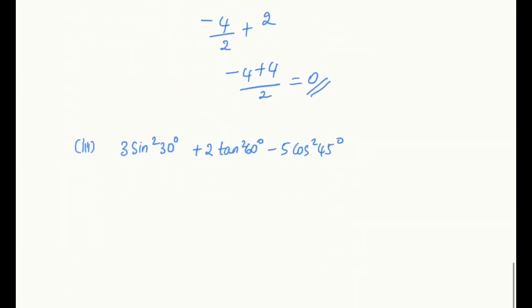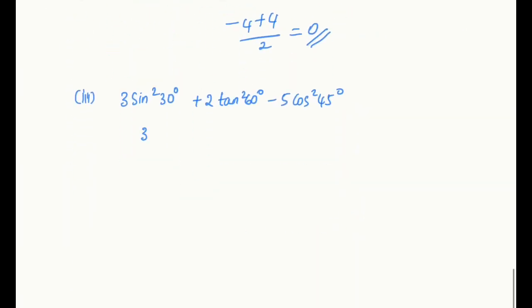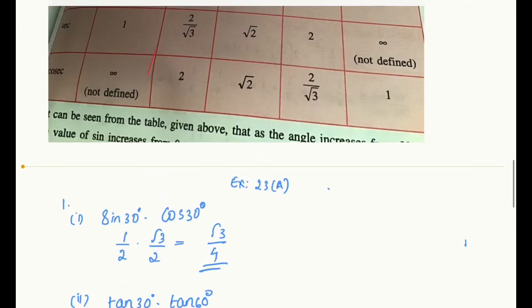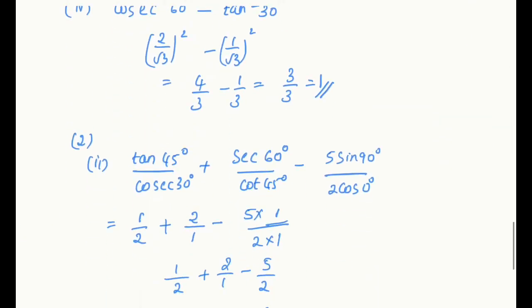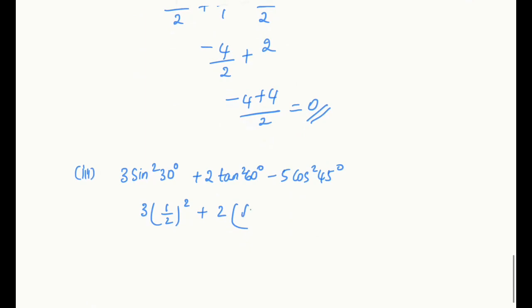Sine 30 is 1 by 2, so 3 times (1 by 2) square, plus 2 times tan 60, which is root 3, root 3 square, minus 5 times cos 45.